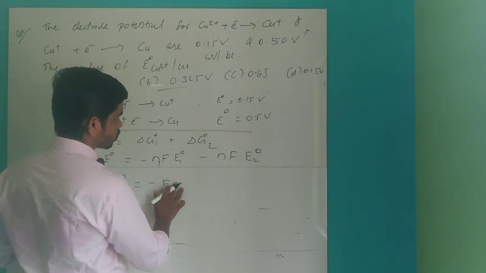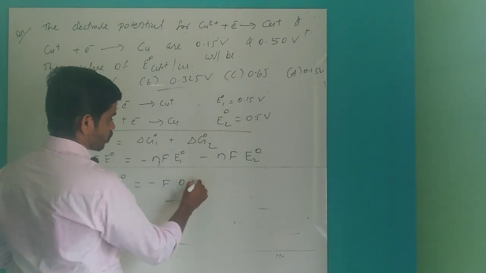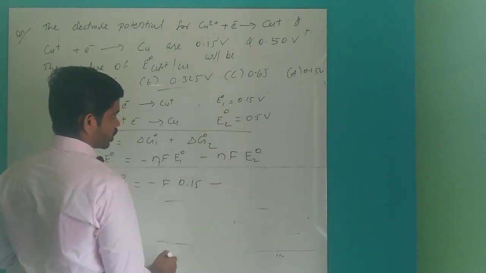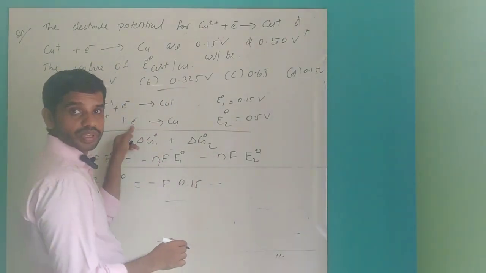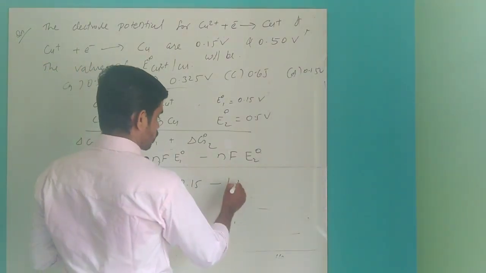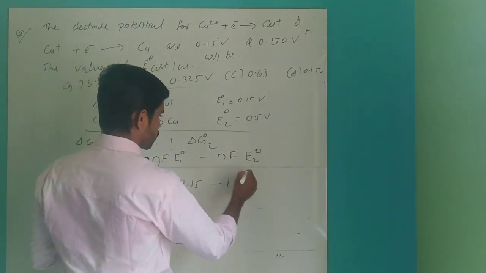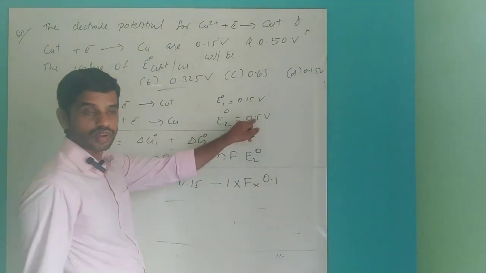This is E1 0 and this is E2 0. E1 0 is 0.15, minus n. Here also, how many electrons are transferring? Only one electron, so n value is 1, 1 into F E2 0. E2 0 second value, okay, 0.5.